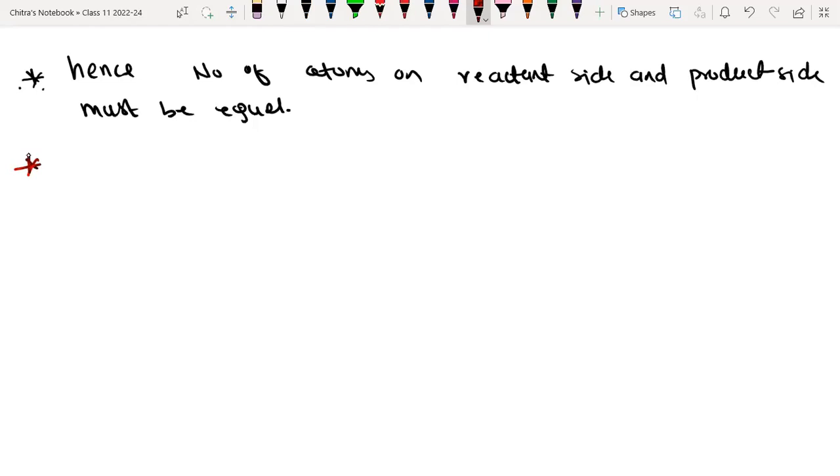So now we are going to discuss the second law, which is the law of definite proportion.